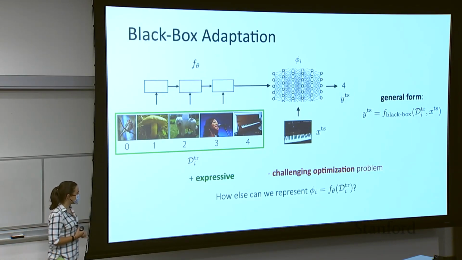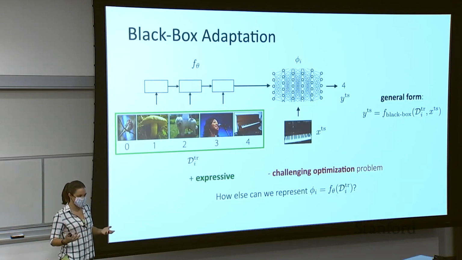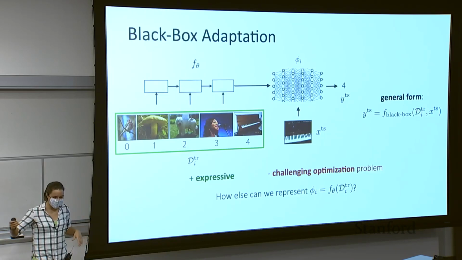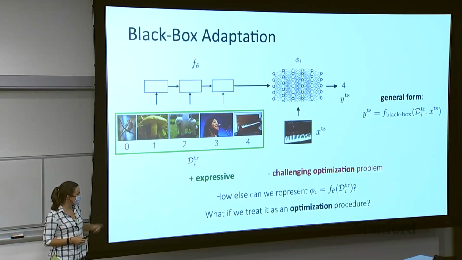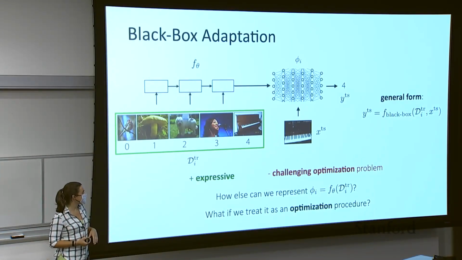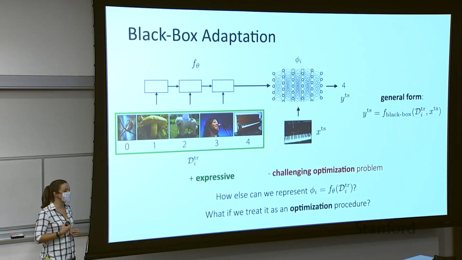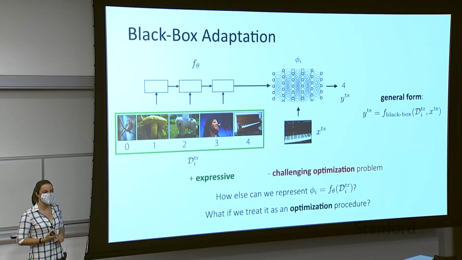So in this lecture, we're going to be talking about a different way to represent this kind of learning procedure rather than representing it as a black box neural network. And in particular, we're going to be thinking about actually representing this learning procedure as an optimization process with some parameters such that we can optimize the parameters of that optimization procedure to be able to perform well with small data sets.